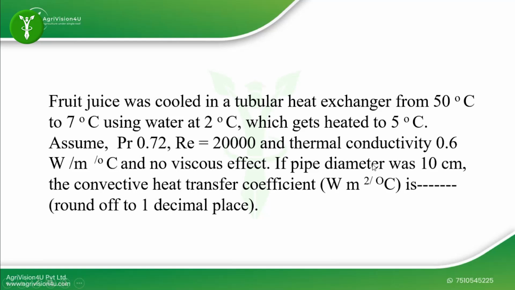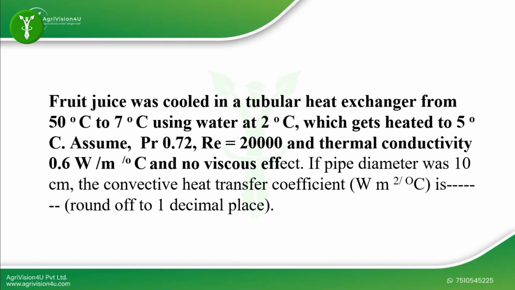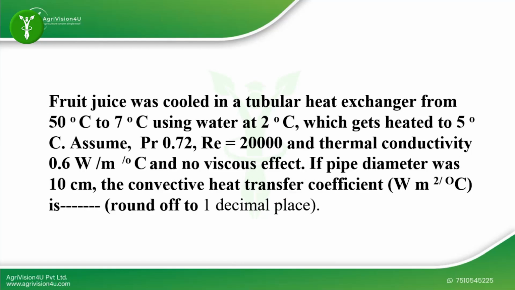Okay. So I will read out the problem statement first, then we will go to the solution. Fruit juice was cooled in a tubular heat exchanger from 50 degrees Celsius to 7 degrees Celsius using water at 2 degrees Celsius, which gets heated to 5 degrees Celsius. Here the temperature is decreasing, here it is increasing, so again there are two streams.